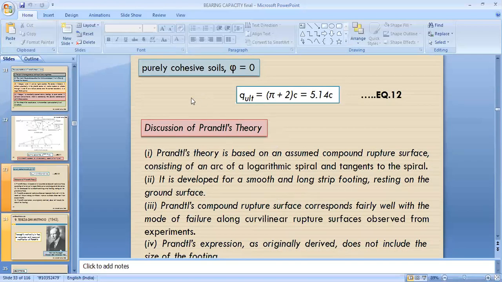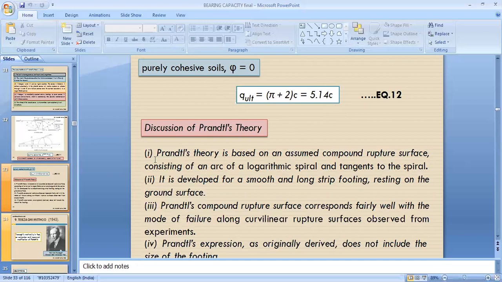And for purely cohesive soils, that means the friction angle is 0, q ultimate gets reduced to 5.14 c. Now, this is how we can find out the bearing capacity of soil for c-phi as well as cohesive soils using these equations advanced by Prandtl.